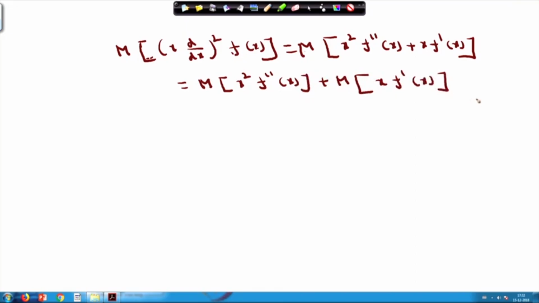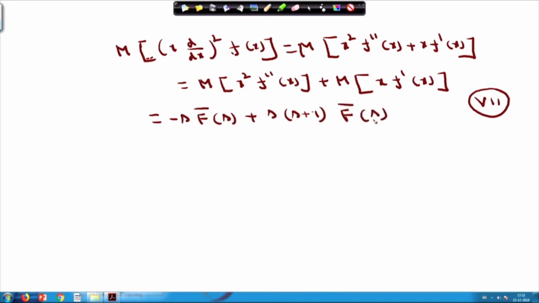Now, by property 7, if I substitute the values, I will obtain minus s F bar s plus s into s plus 1 into F bar s. So, this equals minus 1 whole square into s square into F bar s. So, this completes the proof that Mellin transform of x d dx whole square of f x equals minus 1 whole square s square into F bar s.